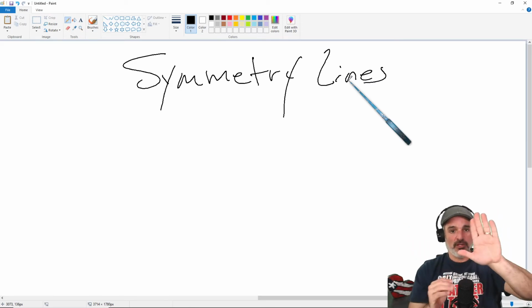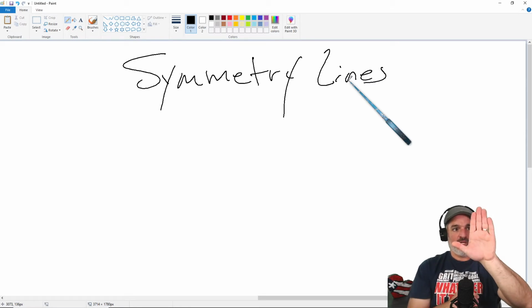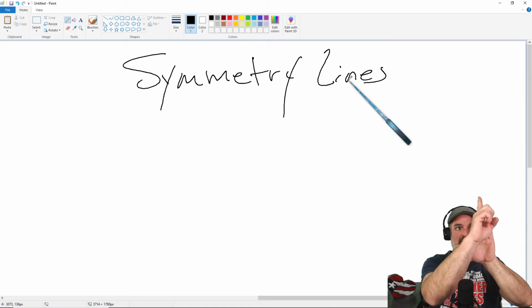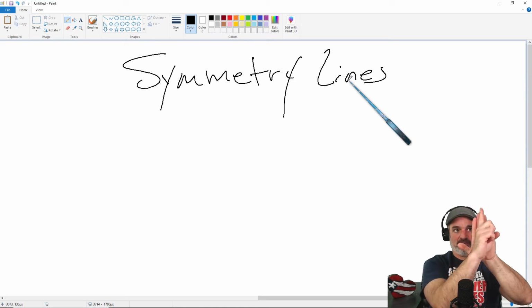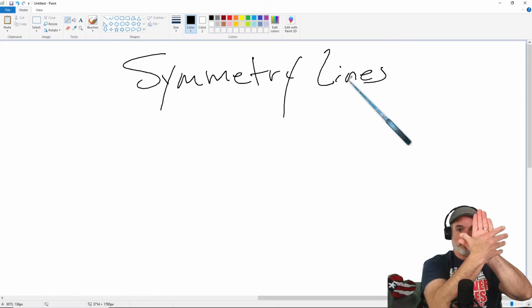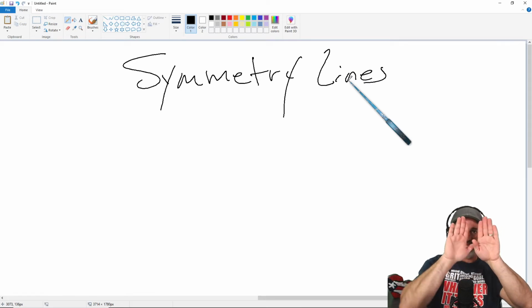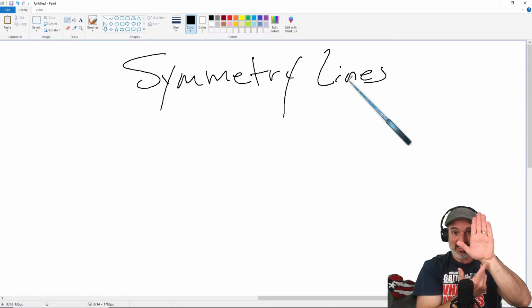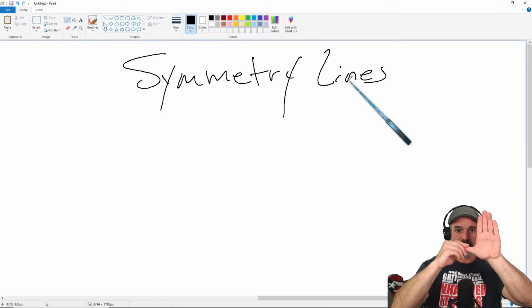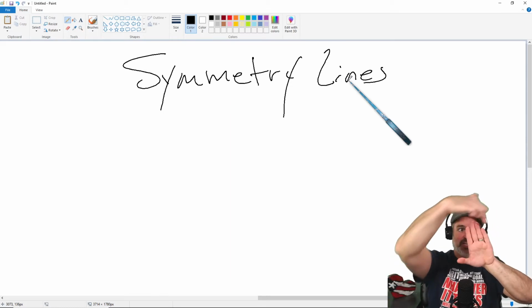For example, look at my hand. Let's say that I make a vertical line from north to south through my hand, okay? If I was able to fold my hand like a piece of paper through that line, this side will not be equal to this side, because I have a finger here, and this finger is not equal to this one.